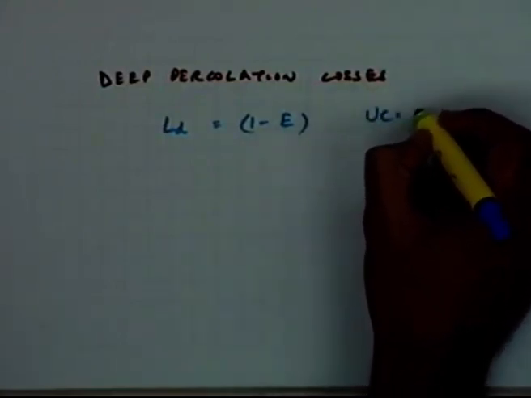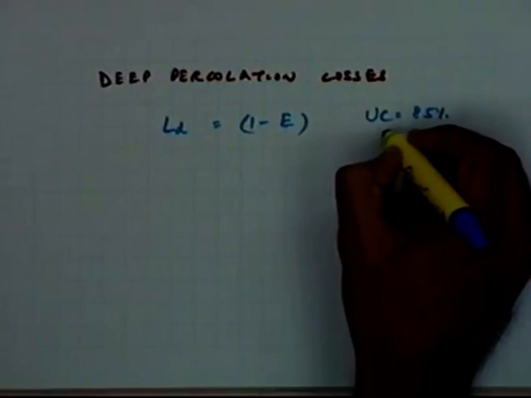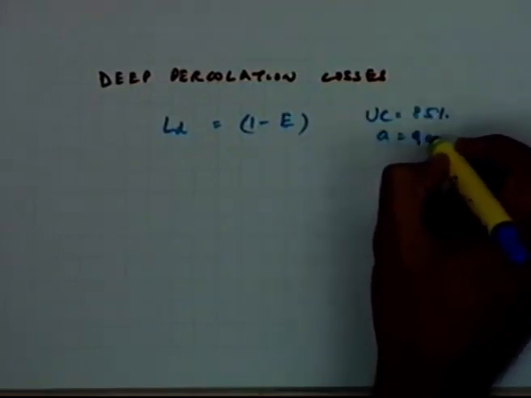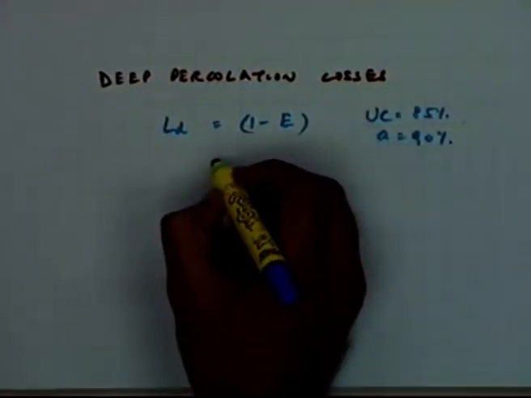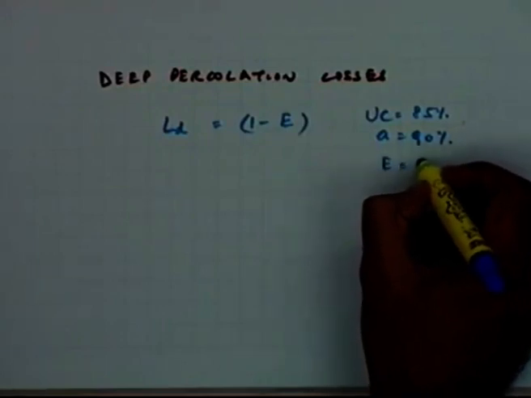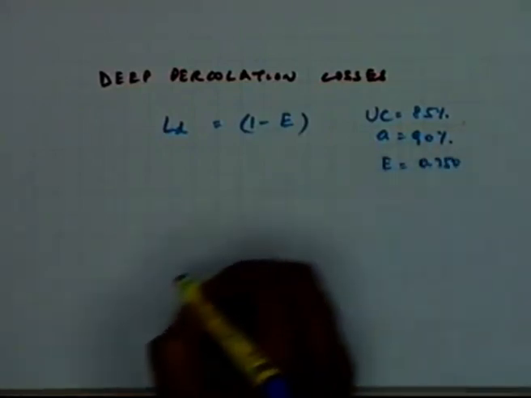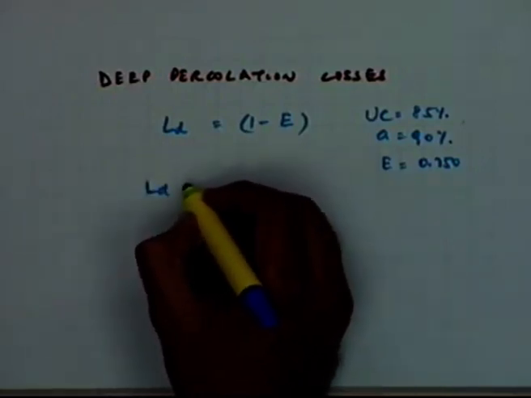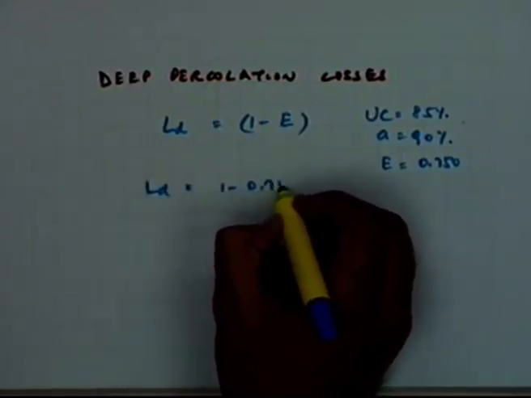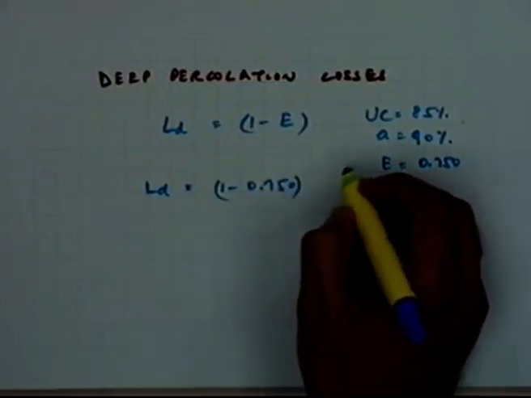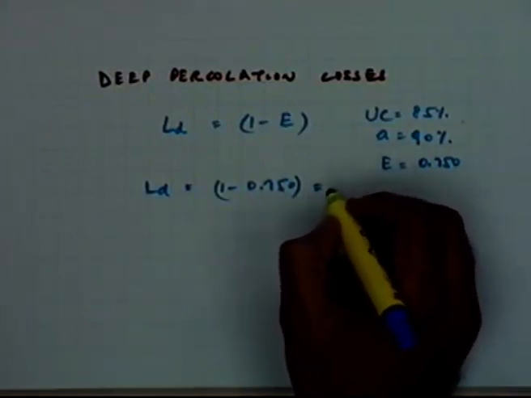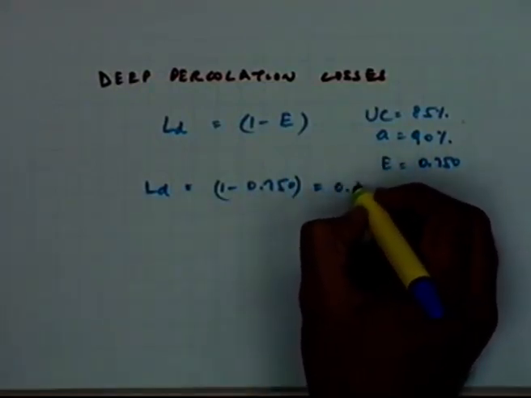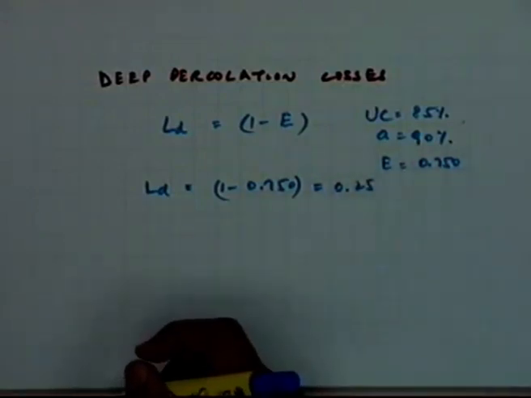For UC equal to 85% and A equal to 90%, the value of E is 0.750. Thereby, the depercolation loss is 0.25.